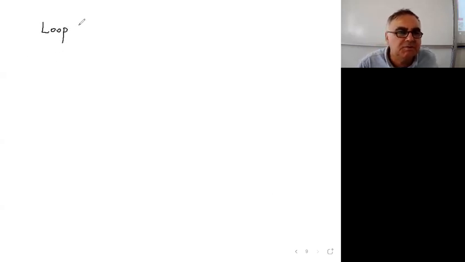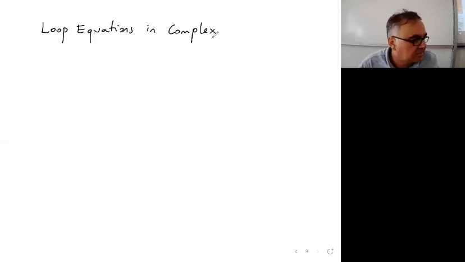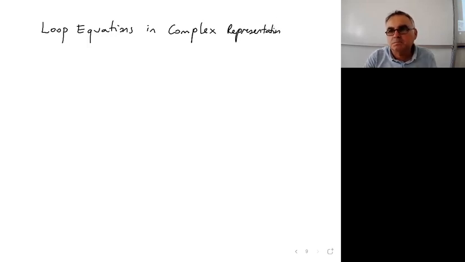Let's do something else. Now let's try to write our loop equations in terms of complex number representation. Again, our typical 4-bar.